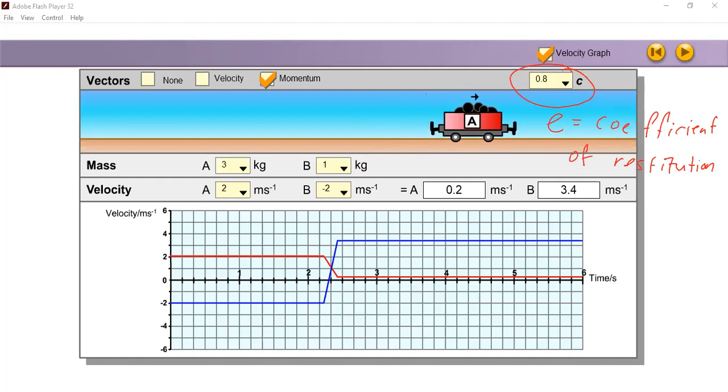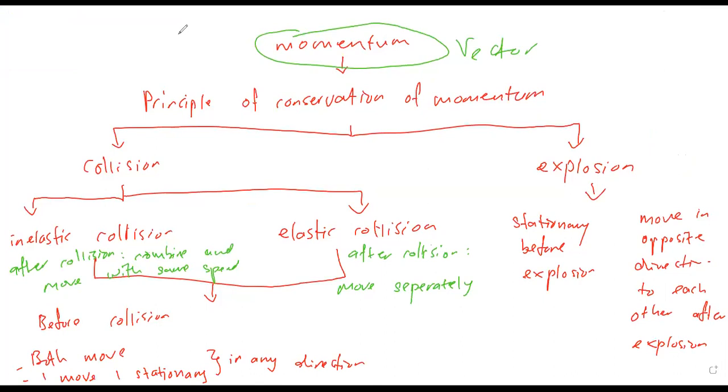So how do we get the coefficient of restitution?